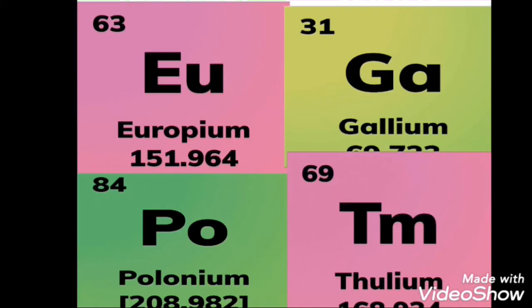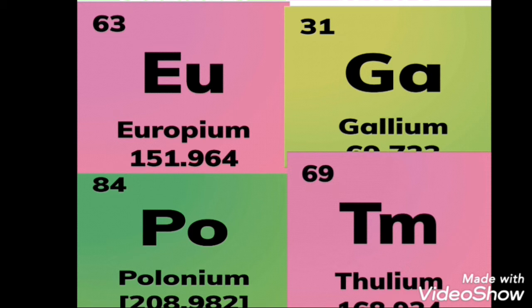Some elements are named using the location or name of a country. Europium is named after Europe. Gallium is a location in France. Polonium is named after Poland.